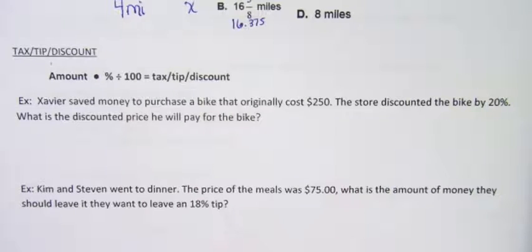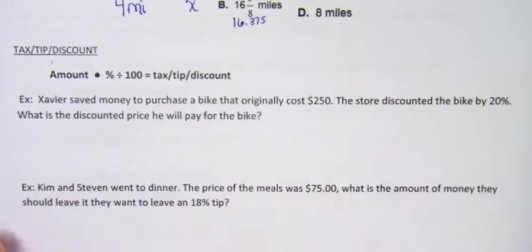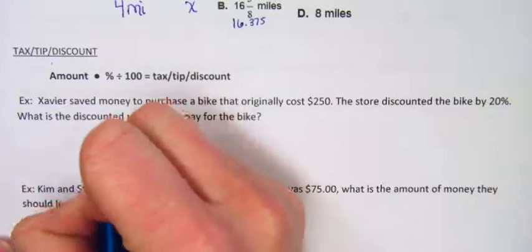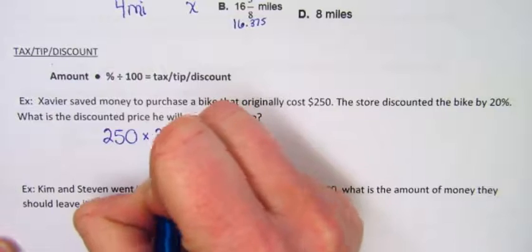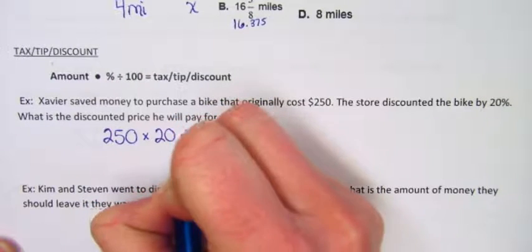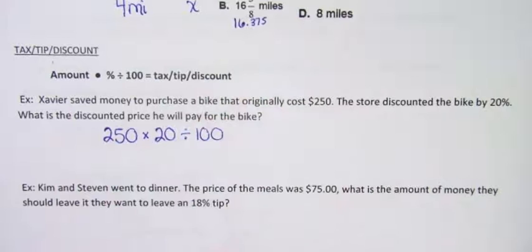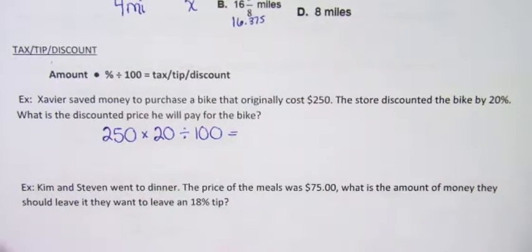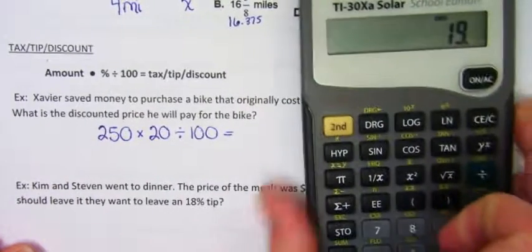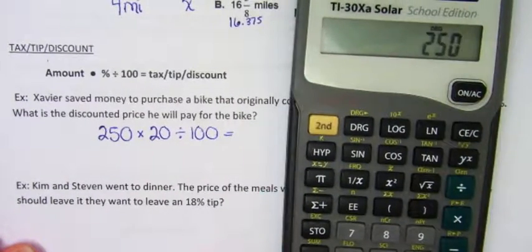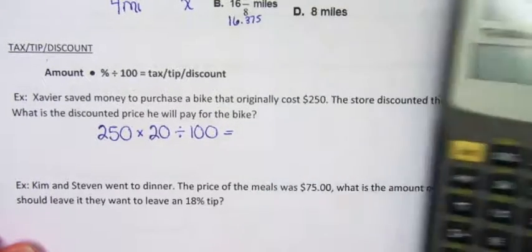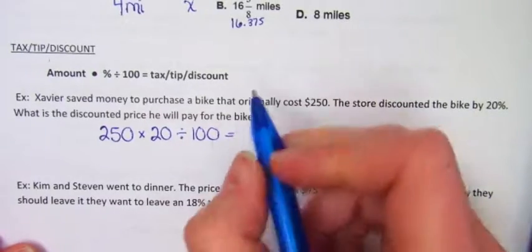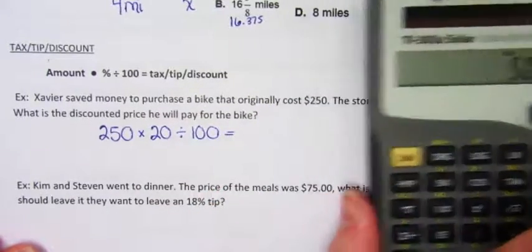So the first job, remember, is to find what 20% of that 250 is. So we're going to take our 250 by our percent. Now some of us, I know, like to turn that percent into a decimal, and that's okay. If you don't, you can let your calculator do the work for you and divide by 100. When I use that in my calculator, I get that 20% of $250 is $50.